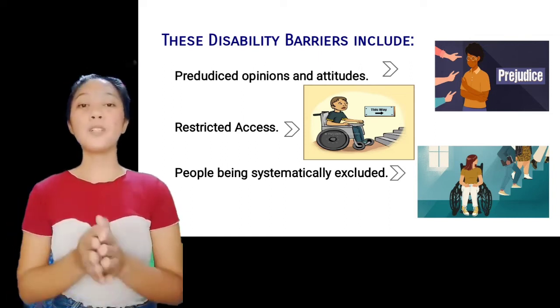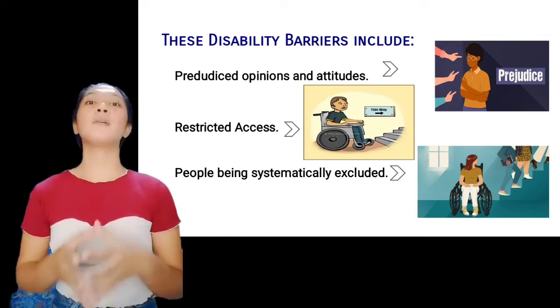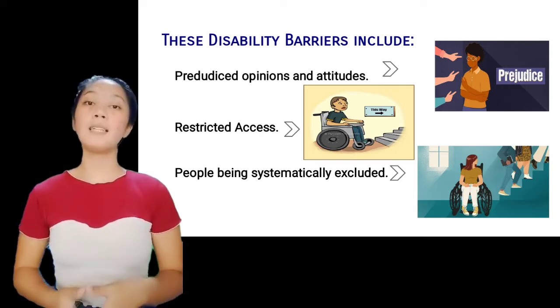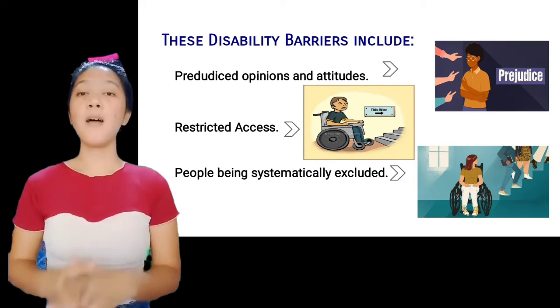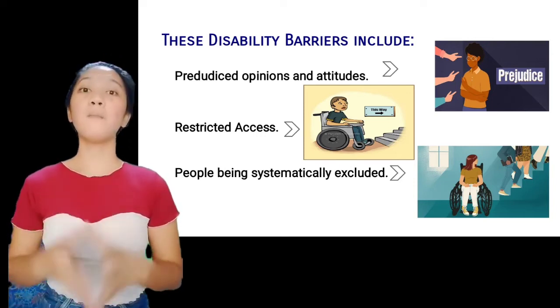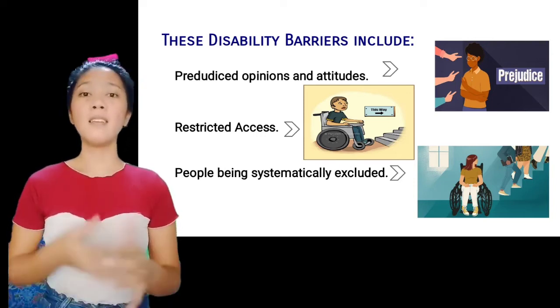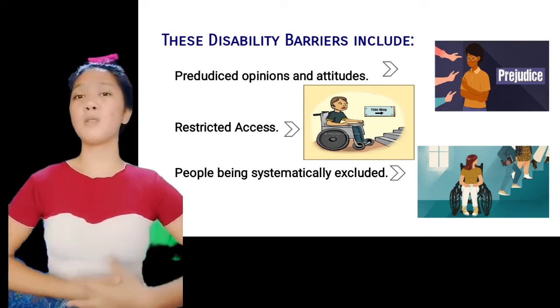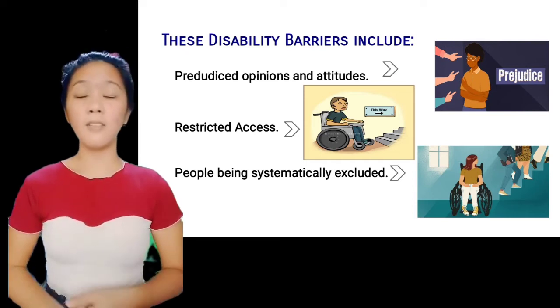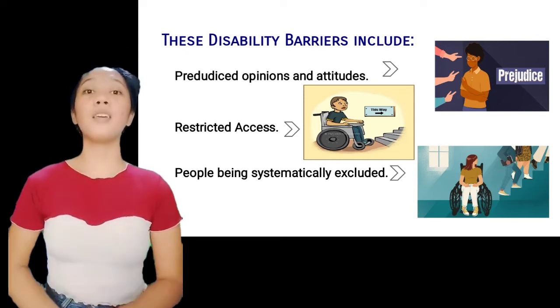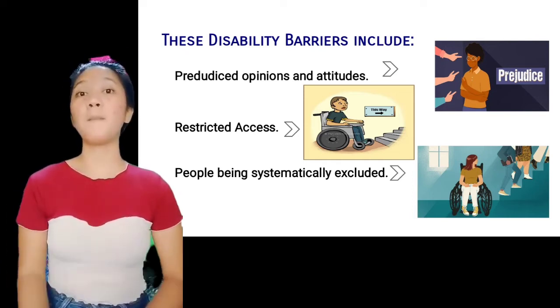So, let's proceed to the third barrier, which is people being systematically excluded. Individuals with minor handicaps can't partake in exercise since they are judged by society. They are seen as frail and unable to do things because of their disability.